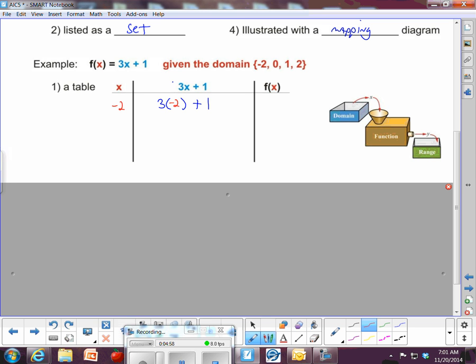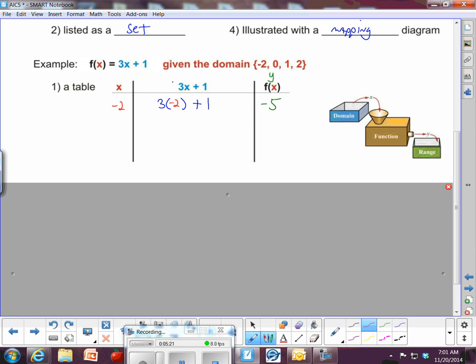Well, this is a -2. And so now we can do that in our head: -6, and 1 is -5, and I'm going to write that in green, right? f of x is -5. Now remember, don't forget, f of x is the same as y. F of x and y are the same thing.